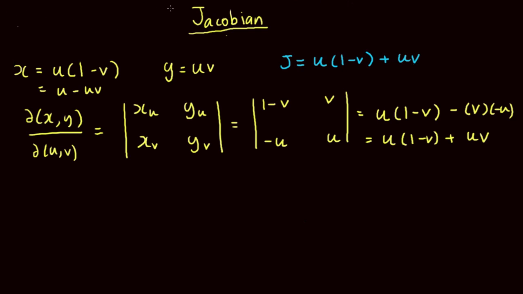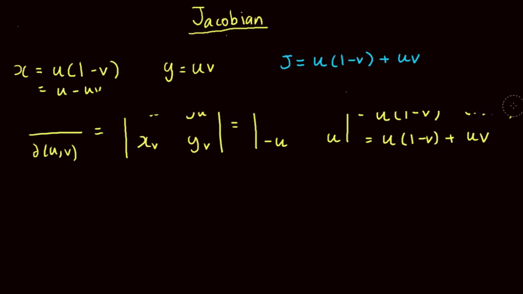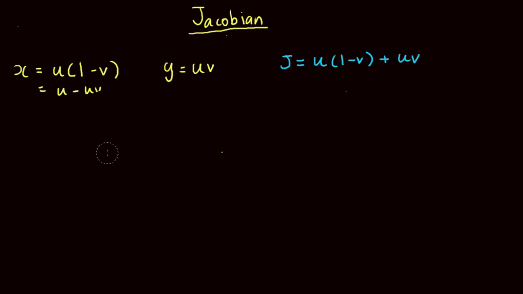Now let's find the inverse transformation. Before we actually find the inverse transformation, we need to rearrange the equations a bit. First and foremost, x equals u minus uv, and y is equal to uv. So we can say that v is equal to 1 over u times y.